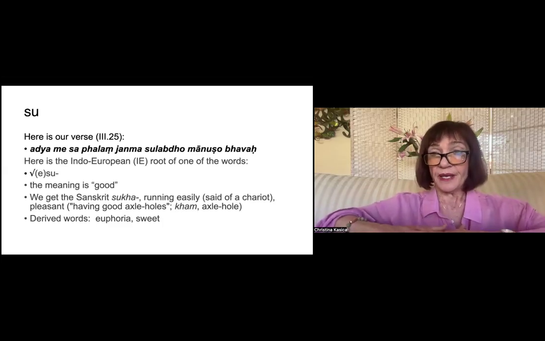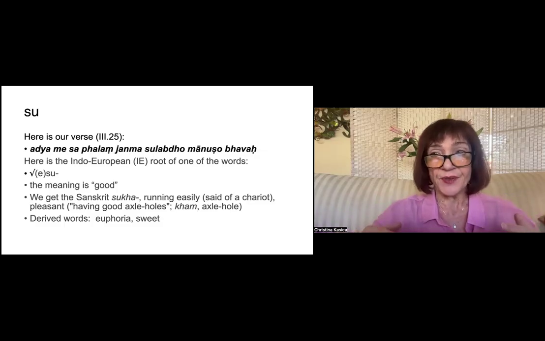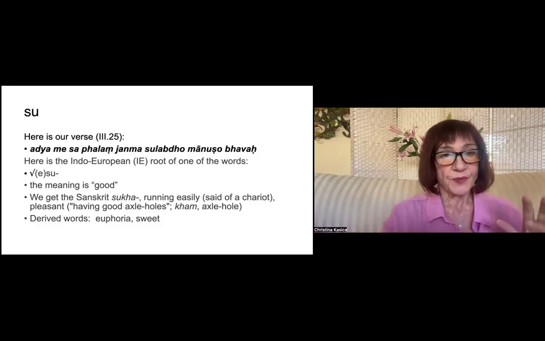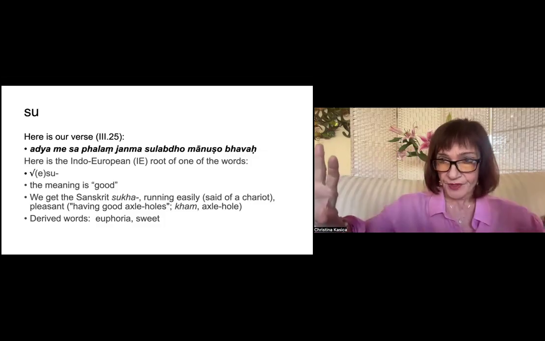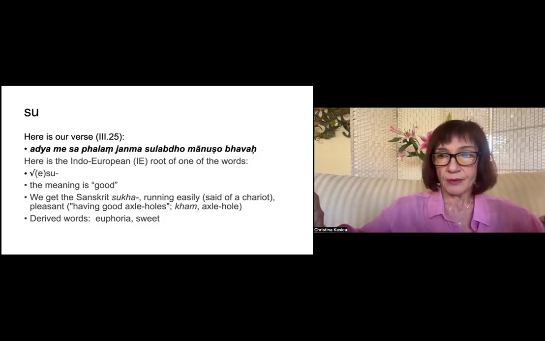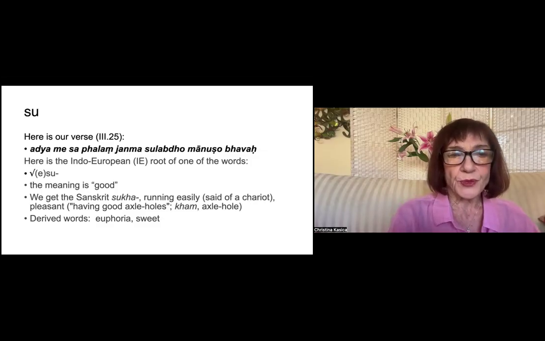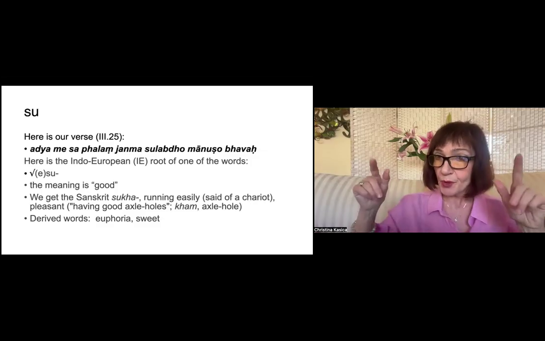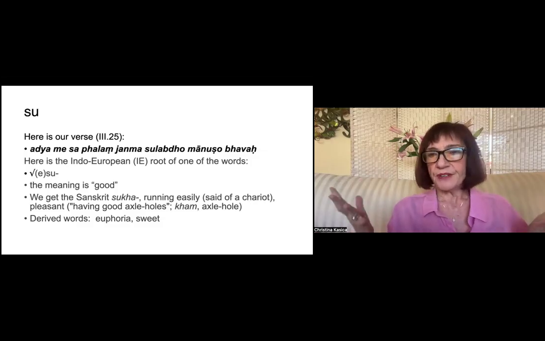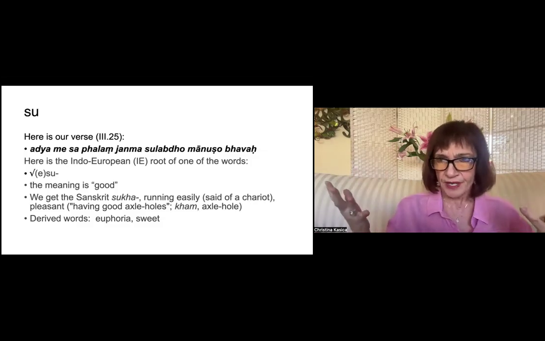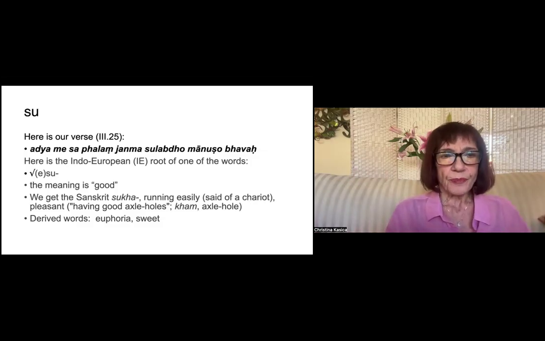You have to be a linguist to really understand this, and we are not. So we're just going to take the surface level and talk about the basics of roots. The meaning of this root, su or esu, is good, positive, well-being, pleasing, something nice.